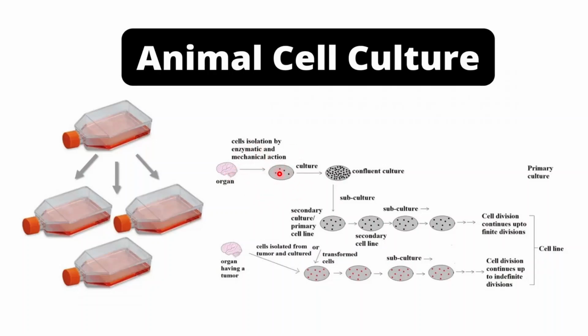These cells are cultured on the surface of a culture plate. Gradually the cells will divide and cover the entire surface of the plate. Once the cells have covered the entire surface, we need to subculture the cells. This process is also known as passaging or splitting.